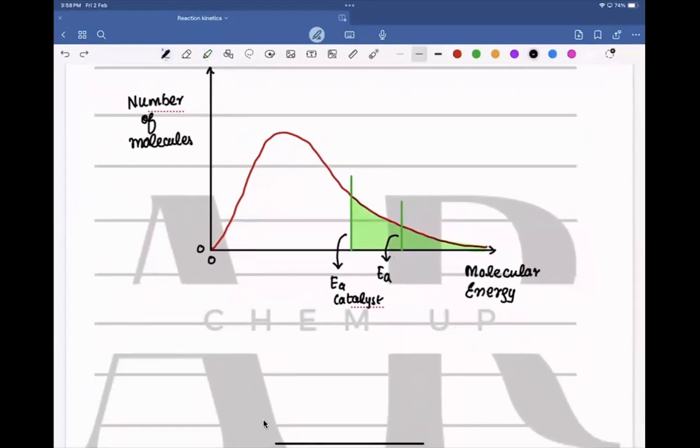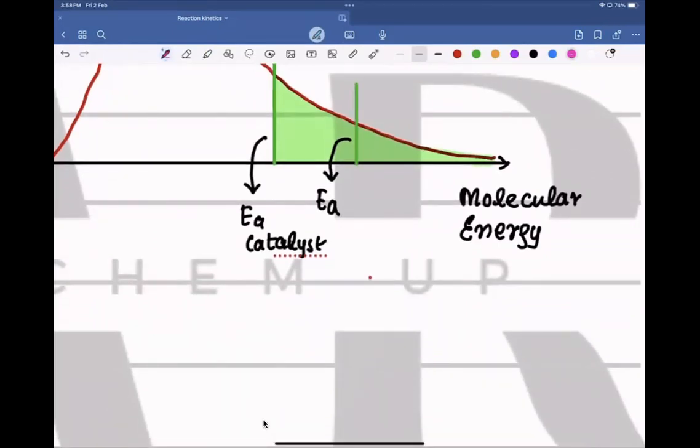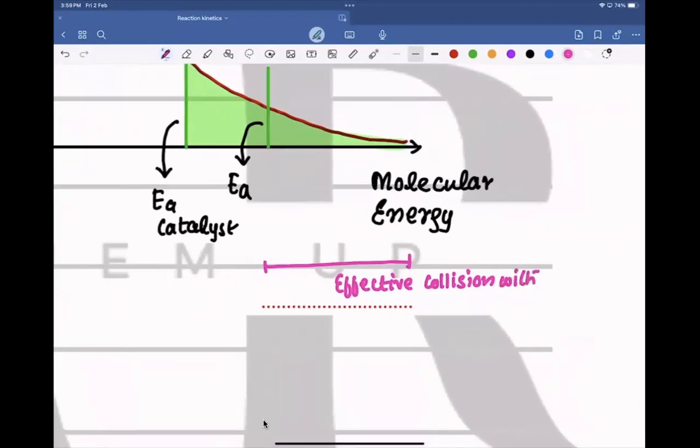So if you see, before the catalyst is added, this is the proportion of the molecules which were doing effective collisions without a catalyst, right?